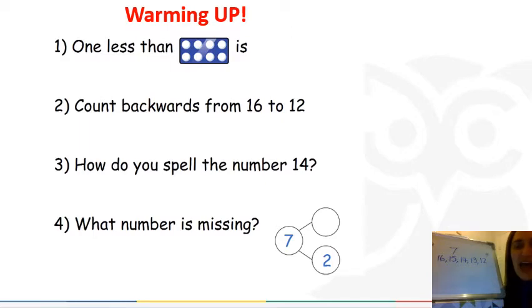Question 3. How do you spell the number 14? I'm going to thread it now, although there is a tricky bit. Let's have a look. We've looked at this before, but not for a while. Ooh, 5 sounds.